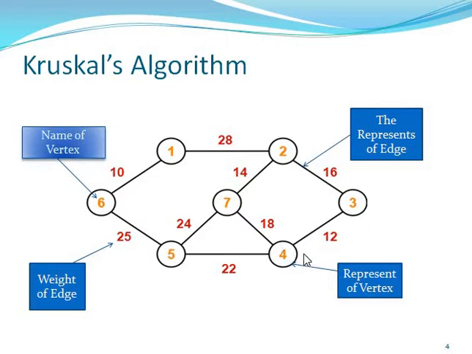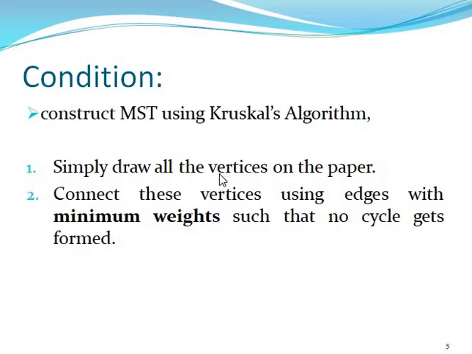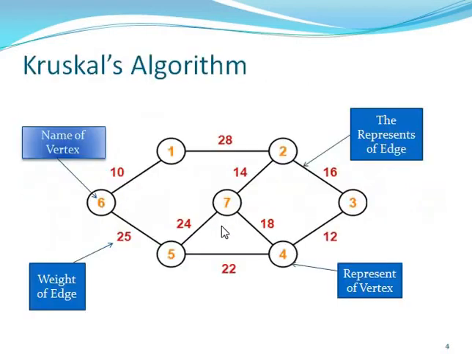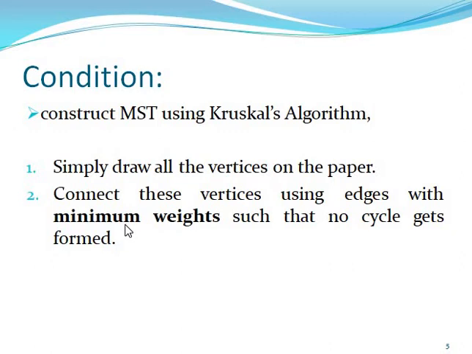It means you draw the number of rounds and connect the vertices using edges with the minimum weight. You connect all the vertices using edges, but with minimum weight, such that no cycle is created. So this is the condition.